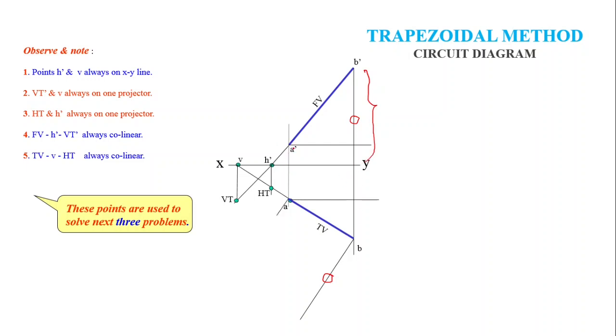Similarly, we represent this small distance here. Then connecting the end points will give the true length of the line.